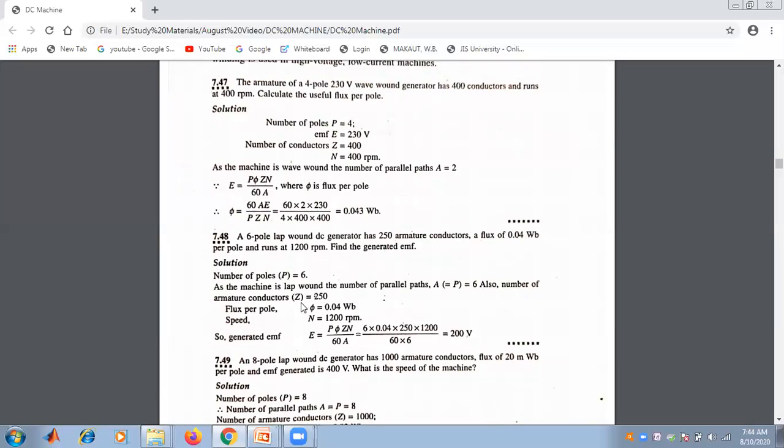Also the number of armature conductors Z is equal to 250. Flux per pole is given 0.04 Weber and speed is given 1200 RPM. So the generated EMF equal to PφnZ by 60A. Putting all those values, it will be 200 volt.